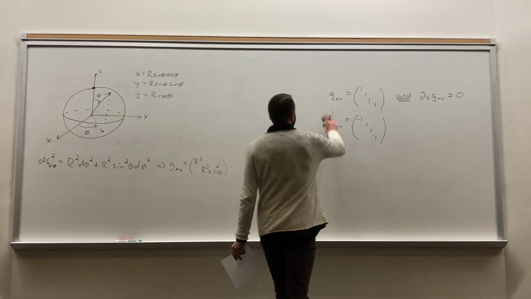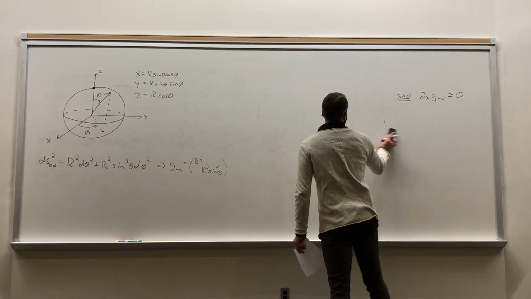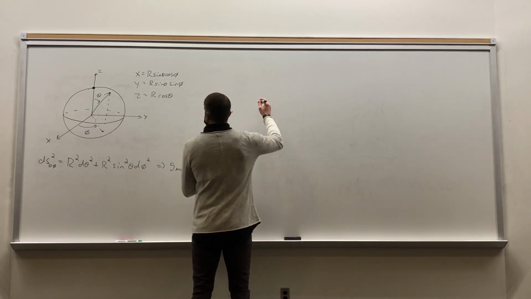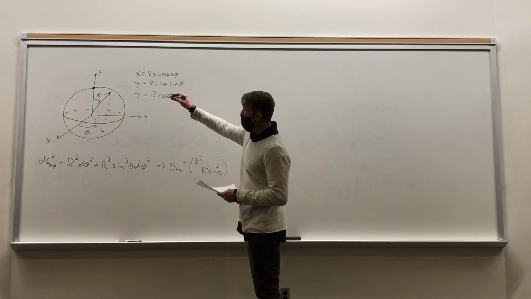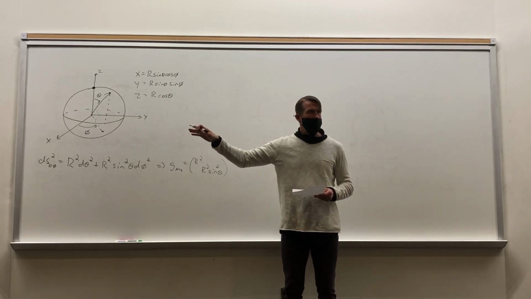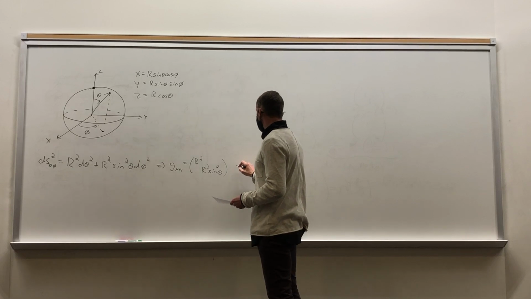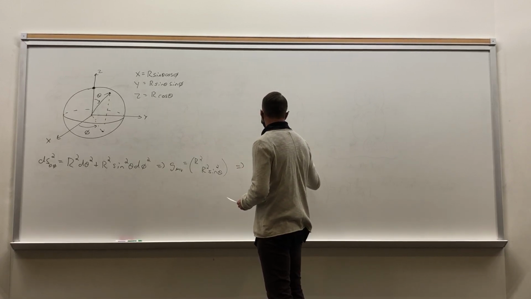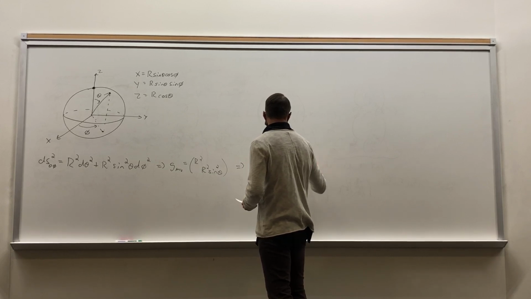So we're going to do the North Pole. And if we go to the North Pole, that's basically taking theta to 0, which makes the metric kind of a mess.